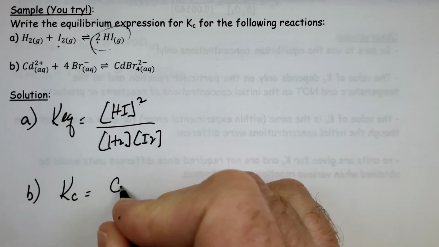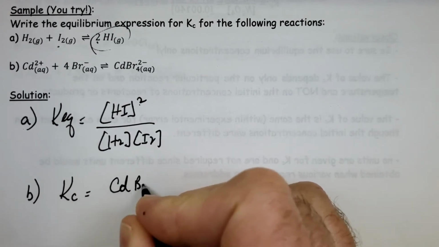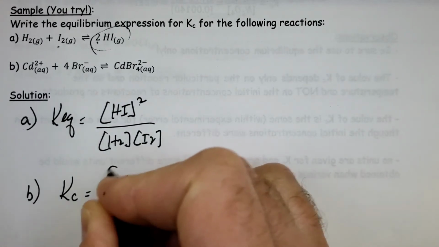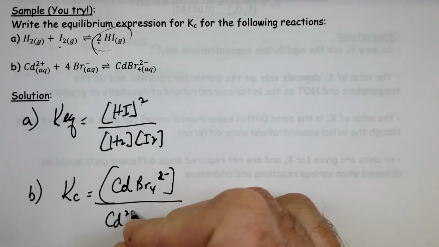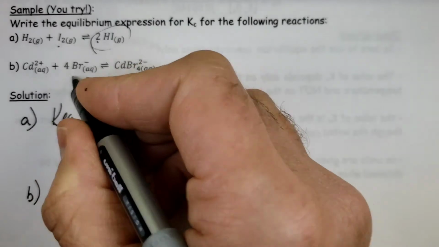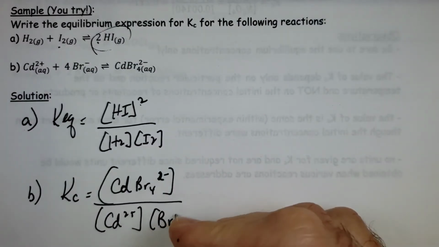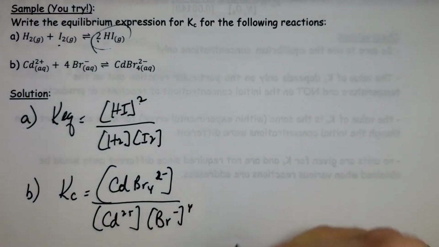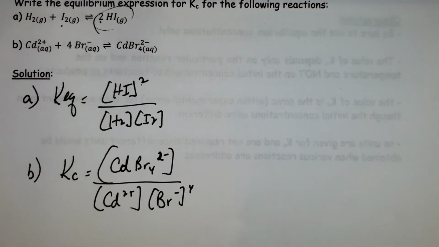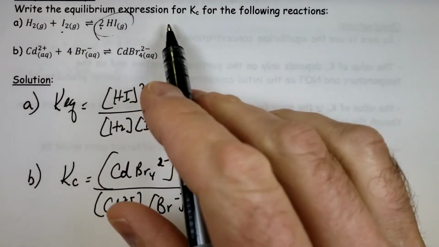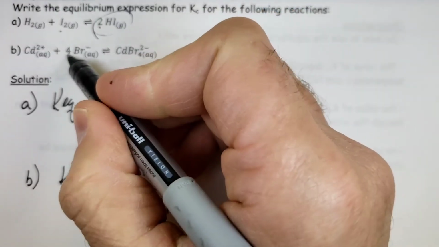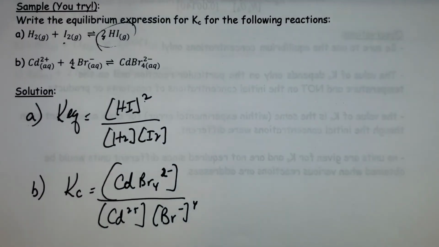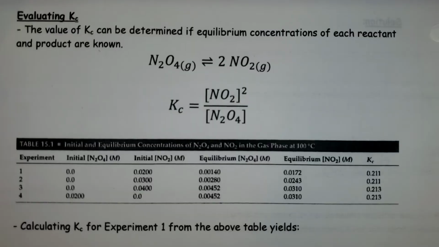The product CdBr4 to the 2 negative, all over Cd2 plus, Br minus to the 4th. It's not too bad. Just remember it's products over reactants, right hand side over left hand side, and the exponents are equivalent to the coefficients in the original equation.